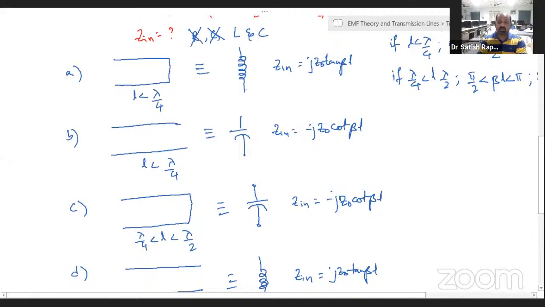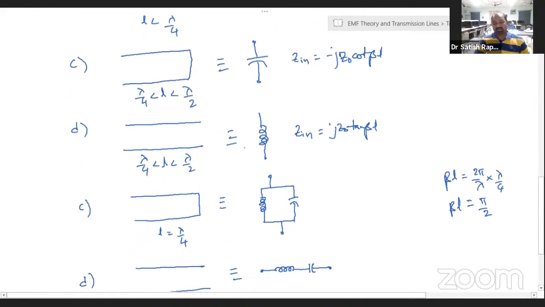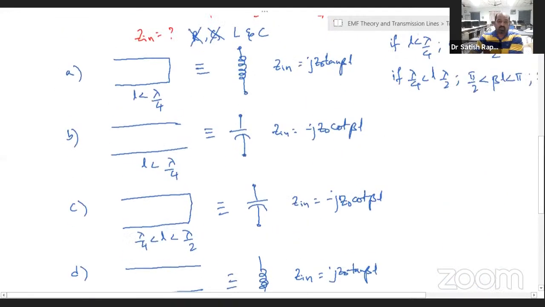That is the reason why in the equivalent circuits, we have inductance and capacitance. So this is about UHF lines as circuit elements.